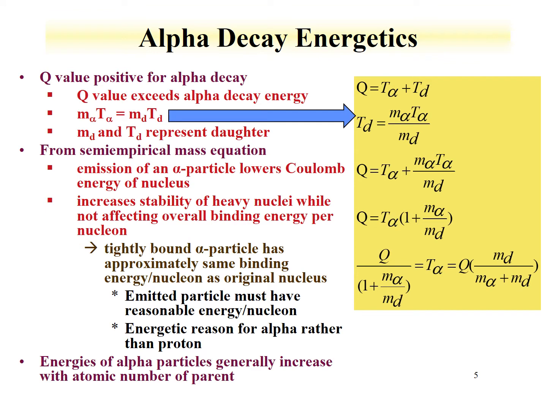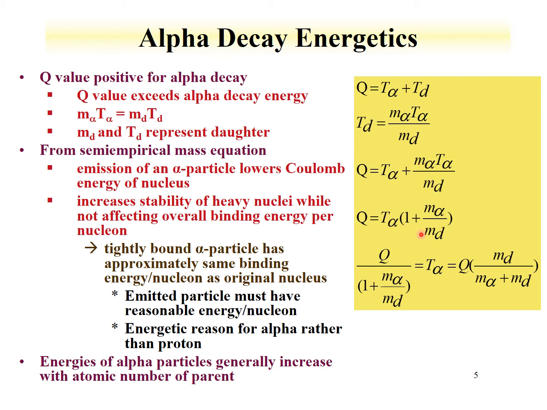We can rearrange this equation and solve for the kinetic energy of the daughter as a function of the mass of the alpha, the kinetic energy of the alpha, and the mass of the daughter. We can substitute this into the Q value equation, and we get a relationship in terms of the kinetic energy of the alpha, the mass of the alpha, and the mass of the daughter.